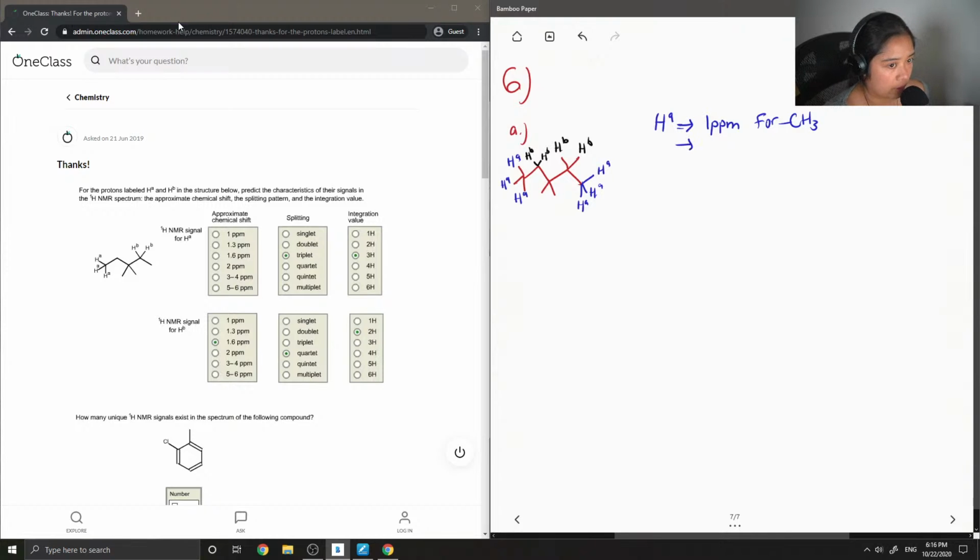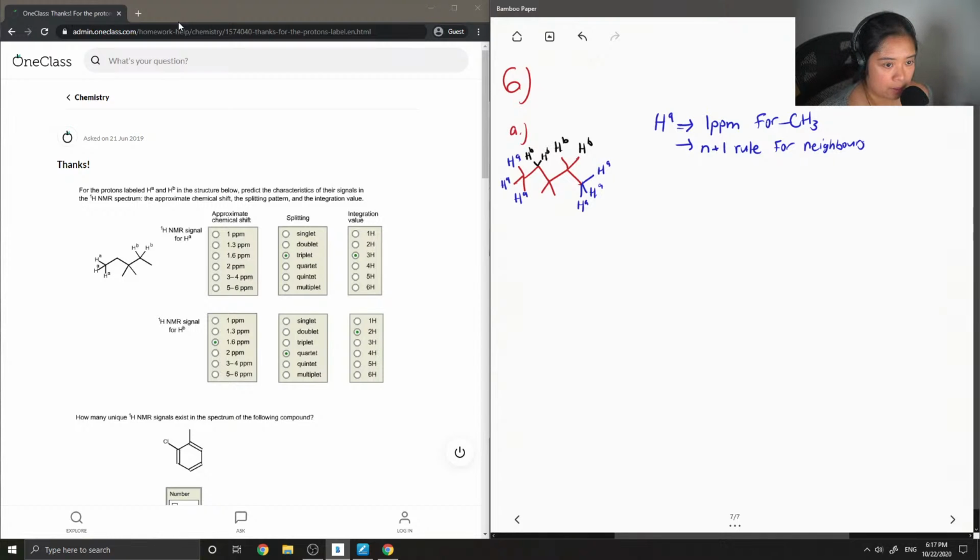And then if we look at the splitting, if we follow the rule where it's n+1, depending on how many neighbors you have. So for HA, you'll see there are 2 neighbors beside it, so 2 HBs.